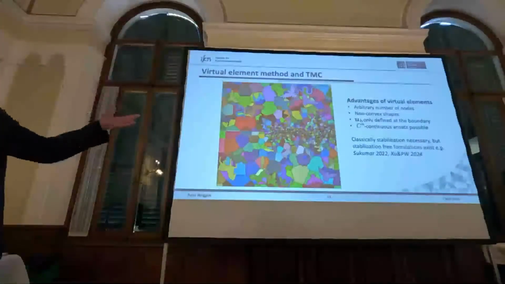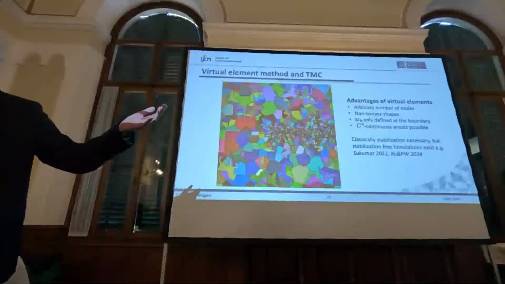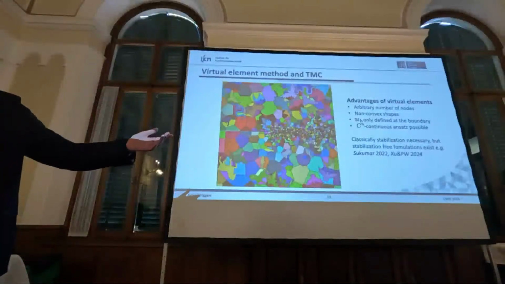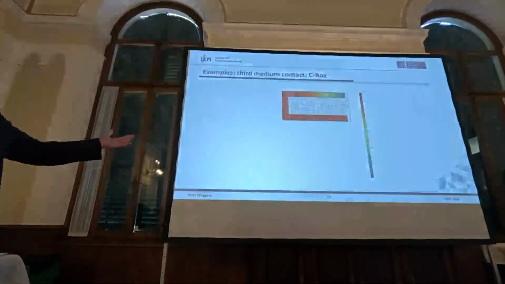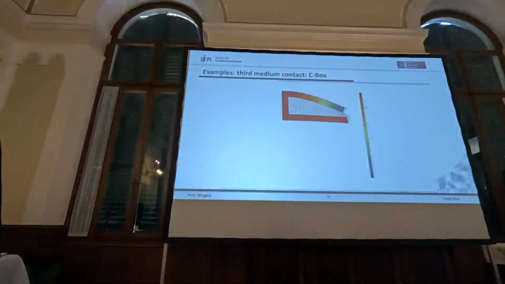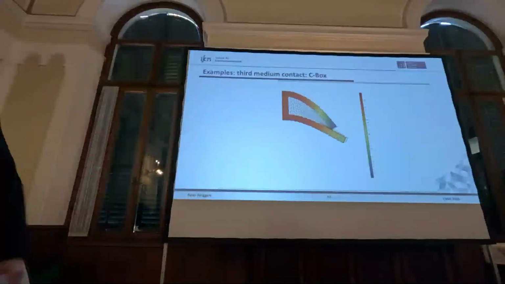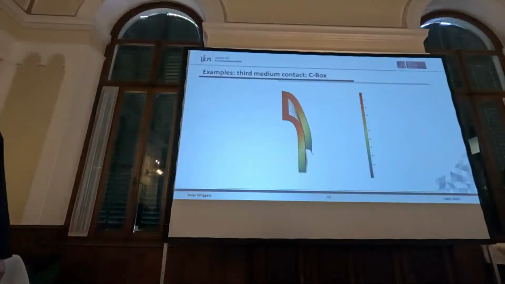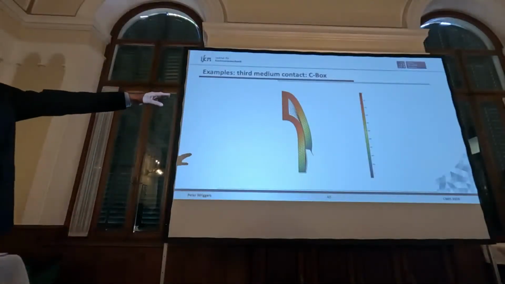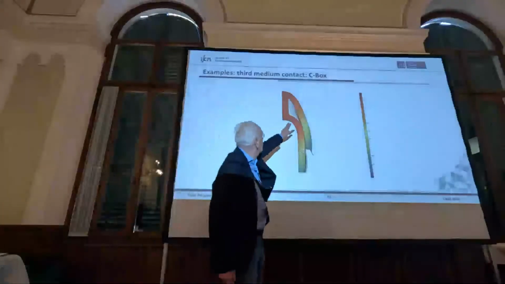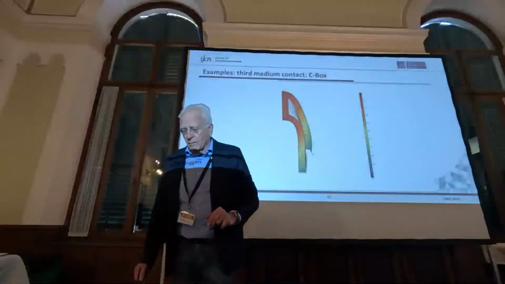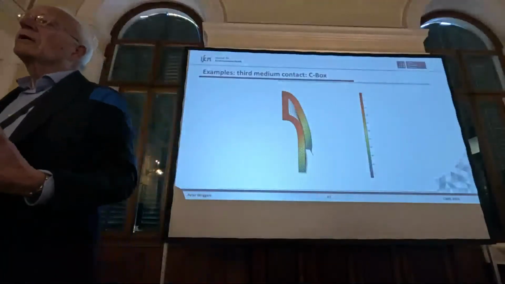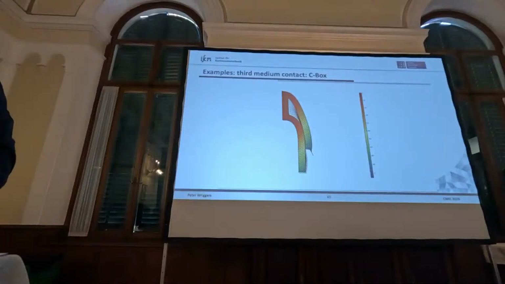We also like to work on virtual elements. Can you do virtual elements for the same thing? Of course you can. This mesh with virtual elements also works nicely, and you get this type of result. And this is a good thing with the virtual element: the mesh is non-matching, you basically put extra nodes.